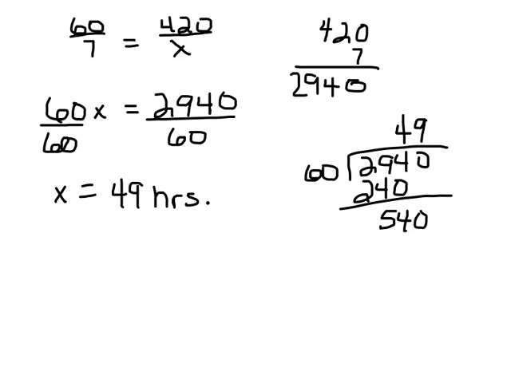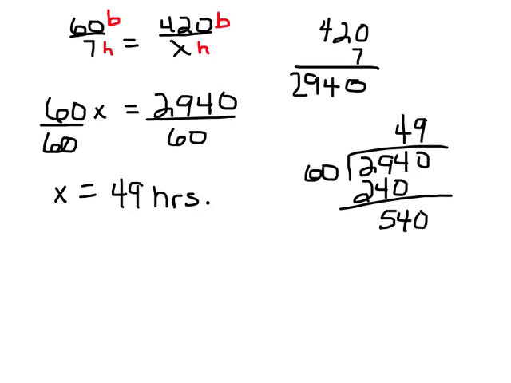Working as a ratio or proportion, we're going to set up 60 bottles to 7 hours equals 420 bottles to how many hours? This is X hours.